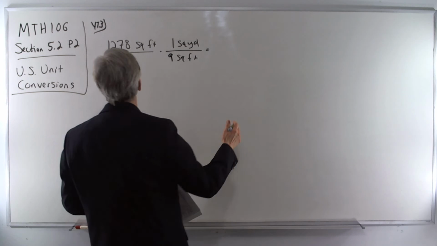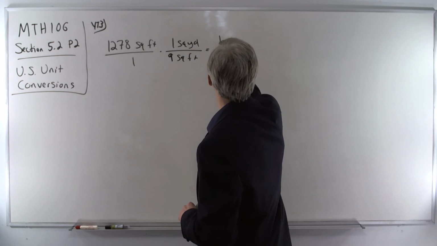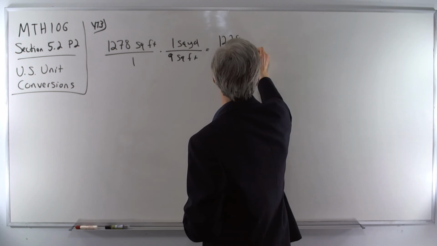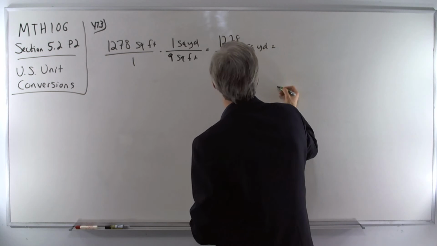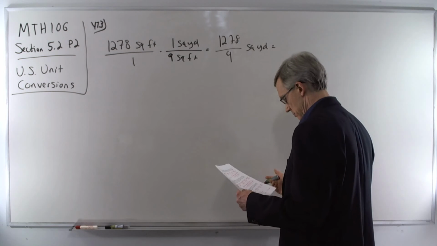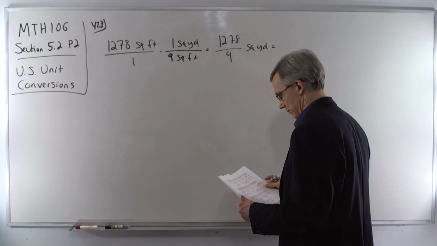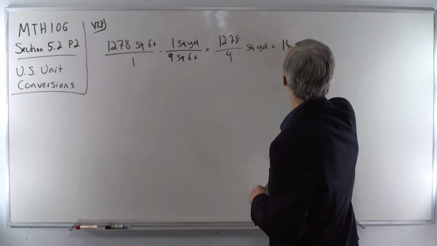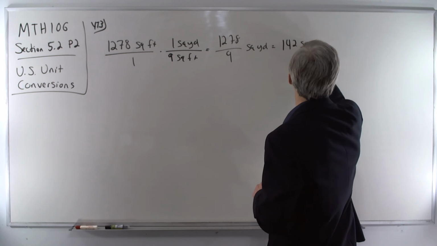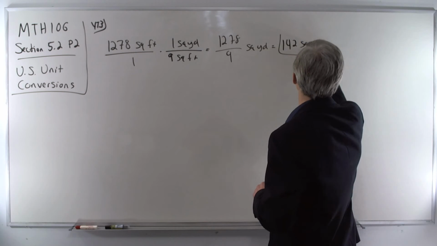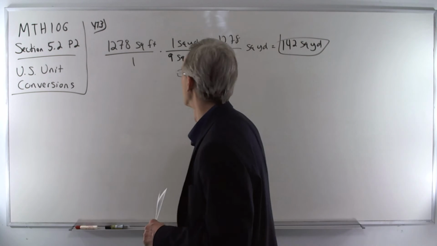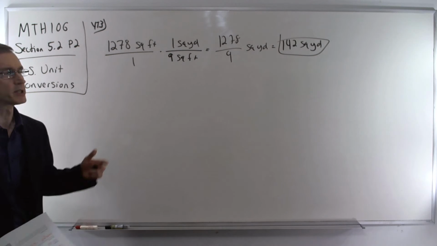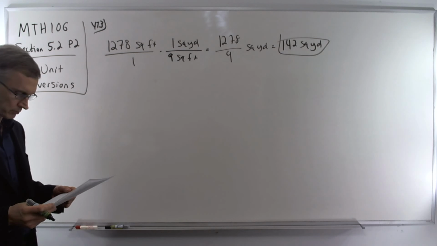Multiplying straight across, that is 1278 over 9. Divide that out, you get 142 square yards. So using those conversion factors from the table will save us a step.